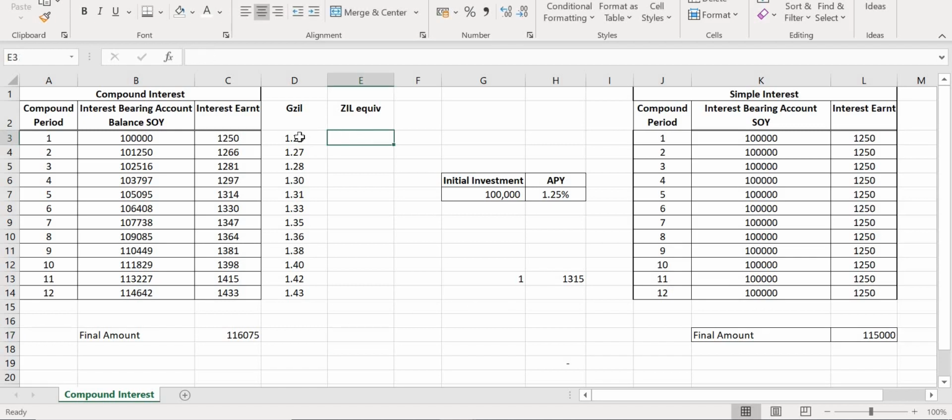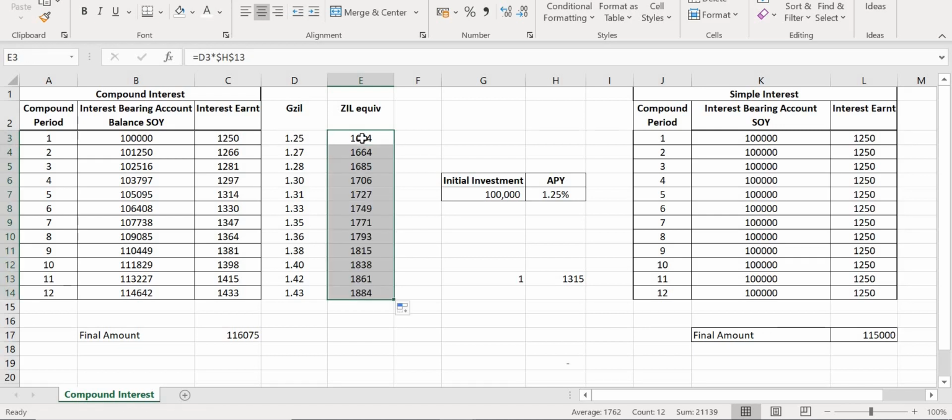1,315 is the exchange rate. So I need to multiply my GZIL by the exchange rate to work out my ZIL equivalent. So 1 GZIL is equal to 1,315 ZIL. So I take my GZIL, I then multiply that by 1,315. I need to add in my dollar signs to fix the formula when I drag it down. Excellent. So now, as you can see here, this is the ZIL equivalent of all the GZIL I've been rewarded at the current exchange rate.